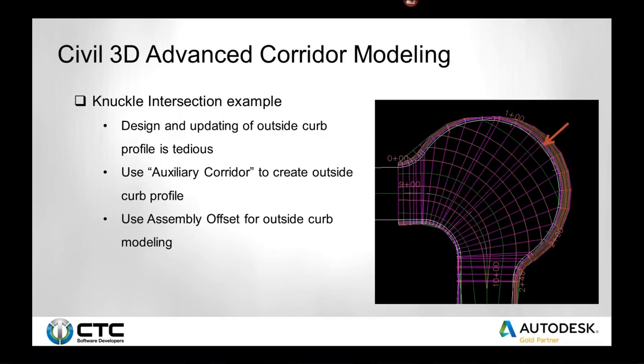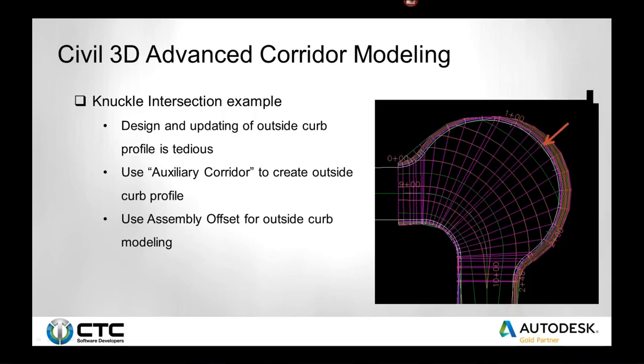In this example, the alignment, the centerline of the road, is running right through here. But the curb, if you look strictly perpendicular out here, doesn't want to model perpendicular to this. It needs to model perpendicular to the curb line. So an assembly offset is what gives us that power, and we'll look at that in more detail once we get to Simple 3D.